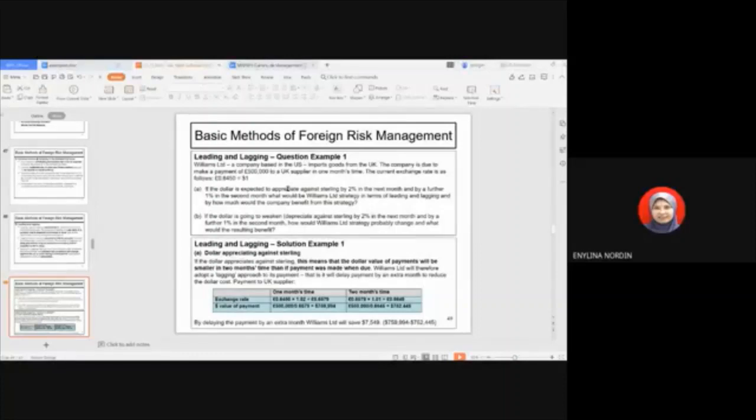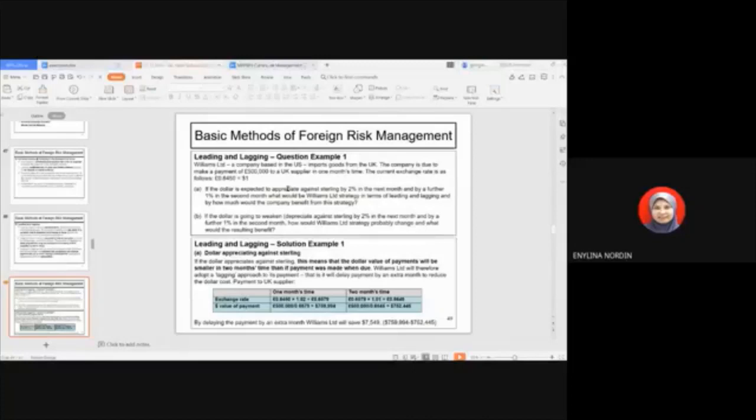What does it mean? If the dollar is predicted to appreciate, then as I mentioned earlier, the pound sterling is going to depreciate. So the US company is going to pay in pounds, which are expected to depreciate, correct?